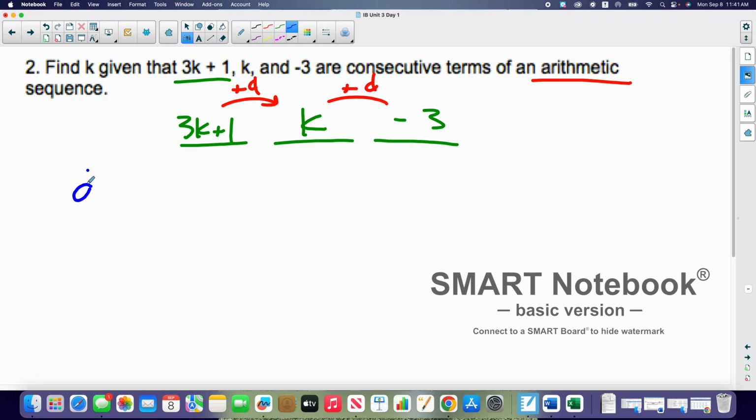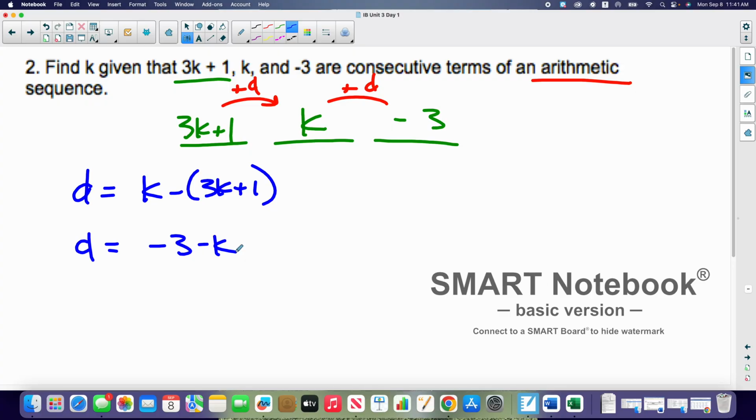So to find the common difference, I could say K minus 3K plus 1. Or some of you could do -3 minus K. That would be my common difference.